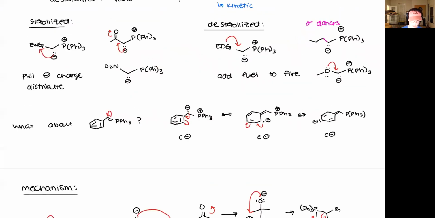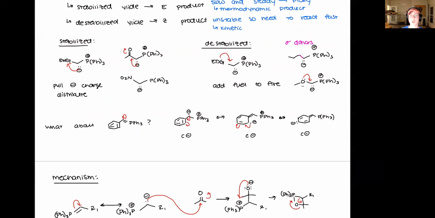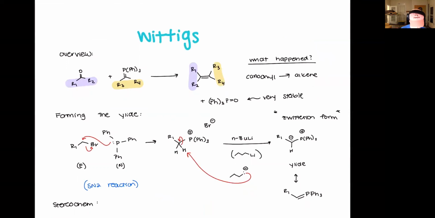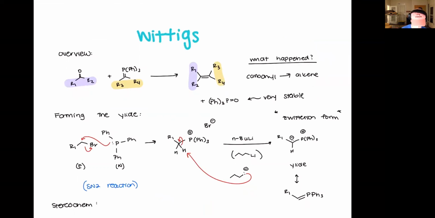With these types of questions, it's good to recognize first that it's a Wittig mechanism, and then figure out whether the ylid will be stabilized or destabilized, so that when you go to draw the products, it's almost like a puzzle. It's like you're snapping the oxygen and the phosphorus over each other, and you will get a product like this.